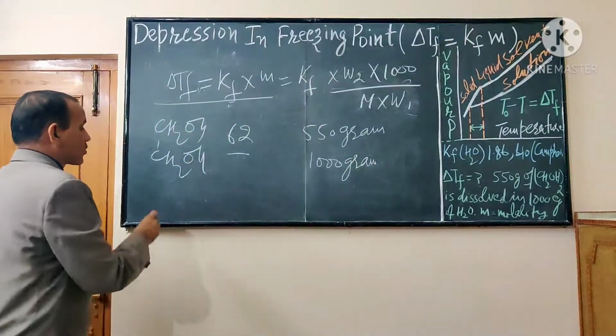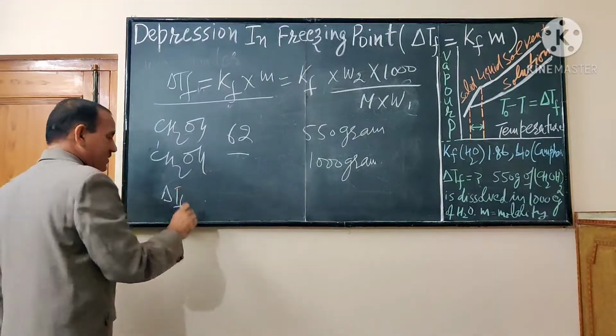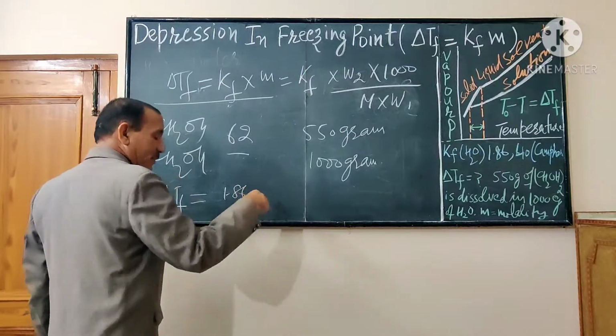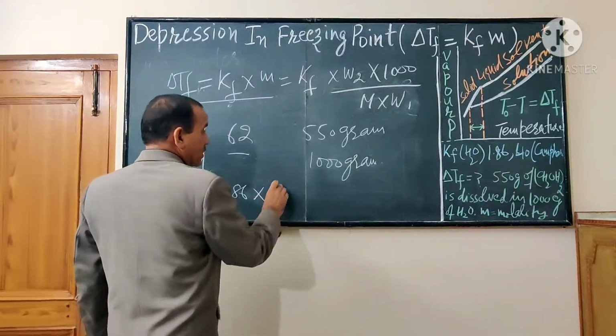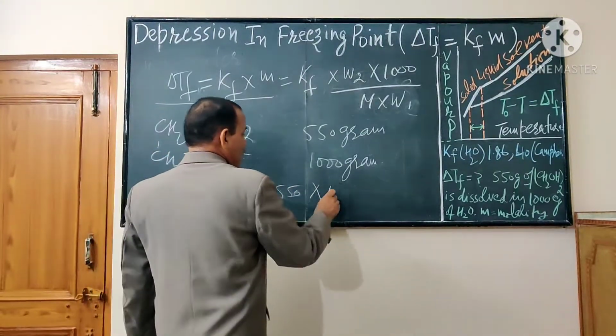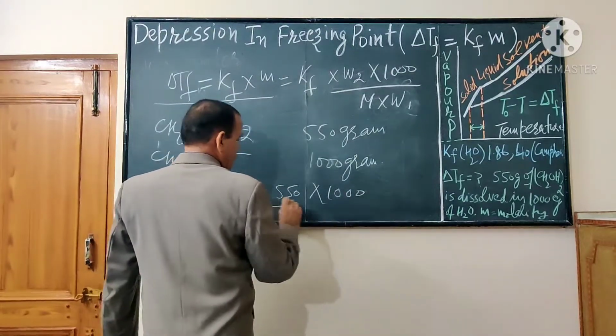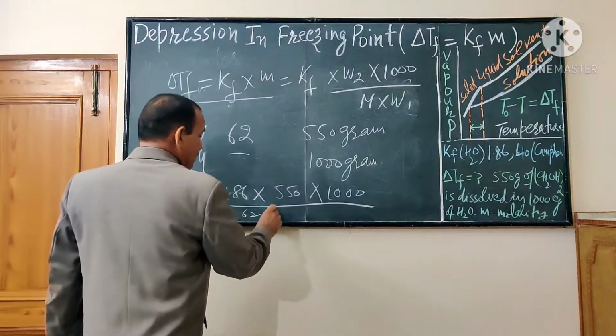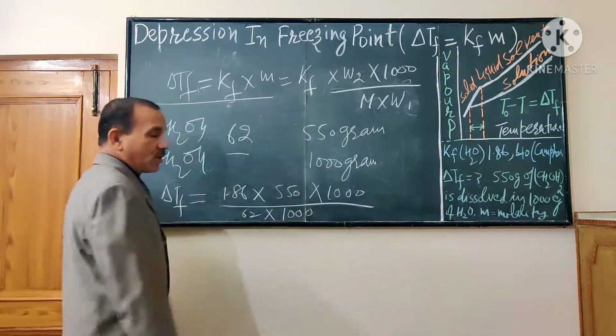So our aim is to calculate ΔTf, the depression in freezing point, which is equal to Kf, 1.86 is always for water, and W2 is 550 into 1000. Then we have this 62 and 1000 gram solvent.